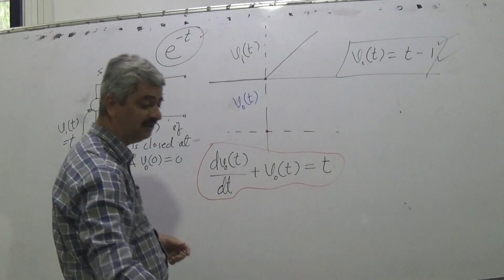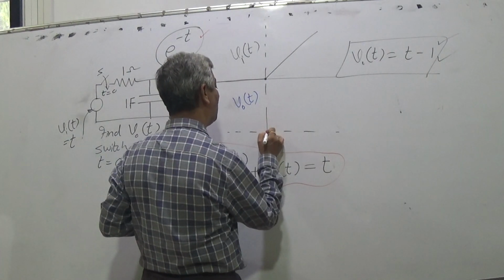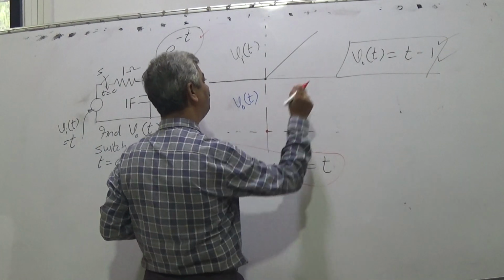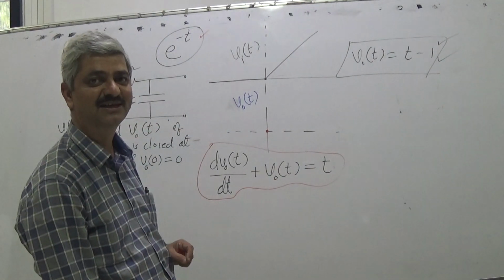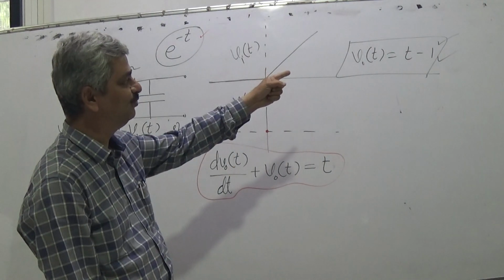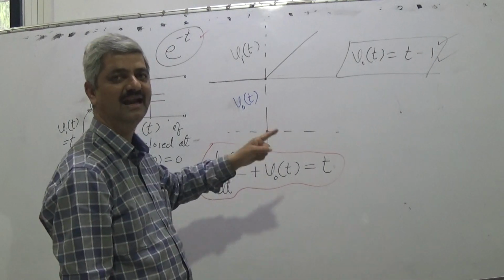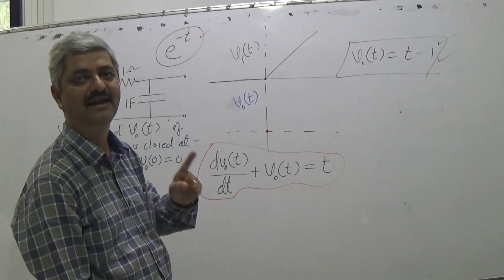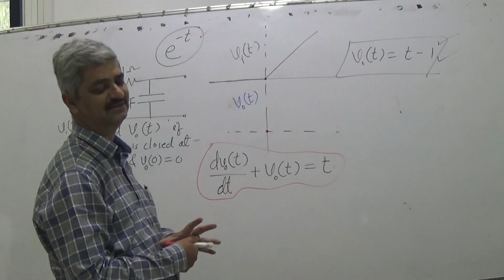So VOT must be equal to 0 at t equal to 0. And if I use this expression, then at t equal to 0, VOT is required to be minus 1, and hence this is not the answer.